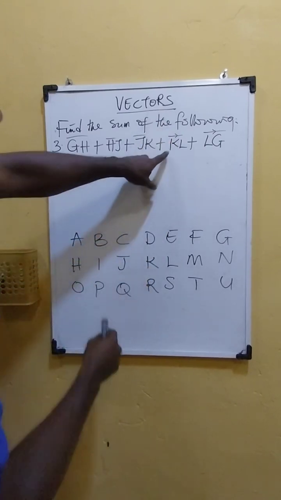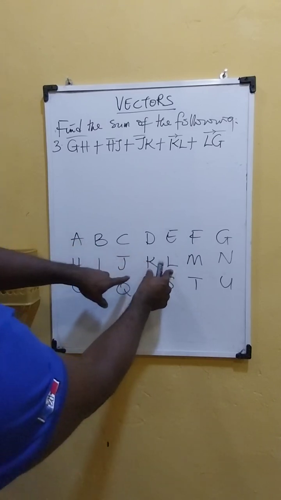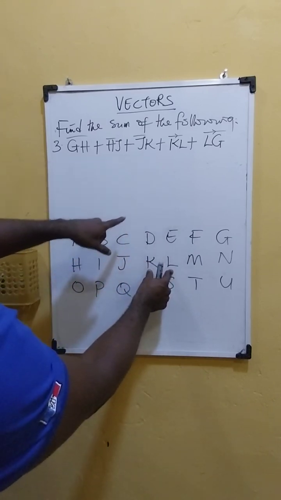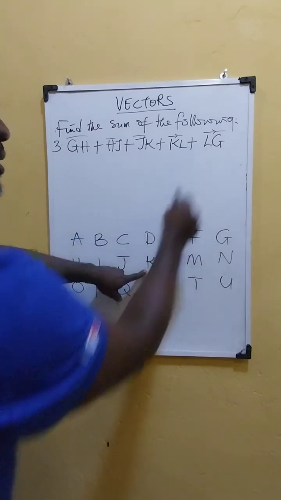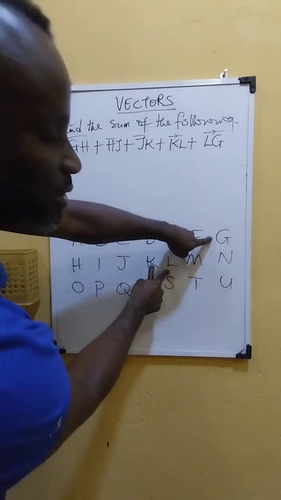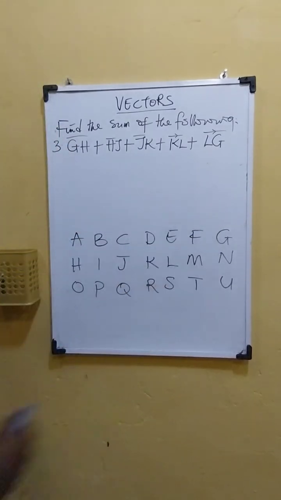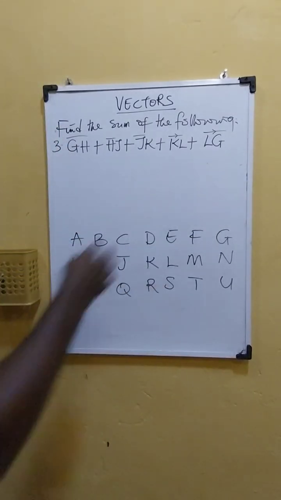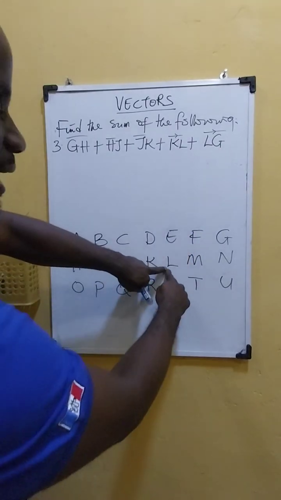Then what next do we have there? We have KL. KL actually comes after JK. Now we have LG. Did you see that? Does it actually come after? That means you have to rearrange this particular one, because it's now LG.